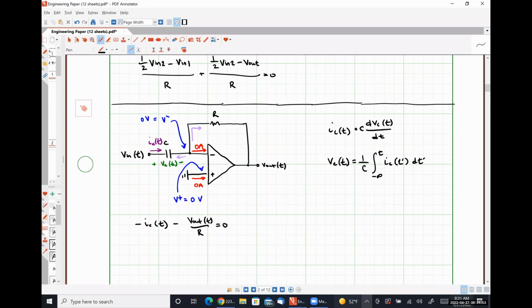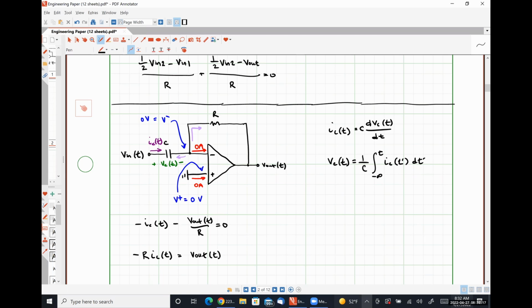So I'm going to do a little bit of algebra here. I'm going to move V out to the right-hand side and then multiply through by a factor of R. And so that's going to look like negative R times IC of t is equal to V out.